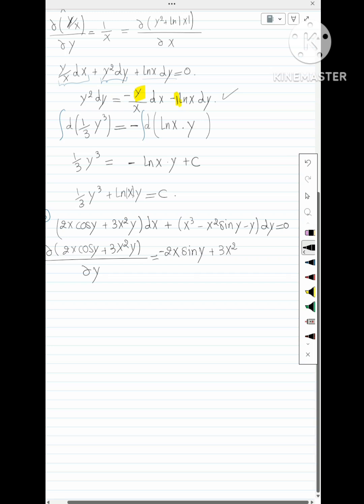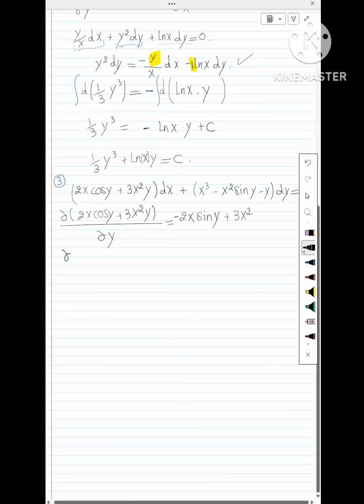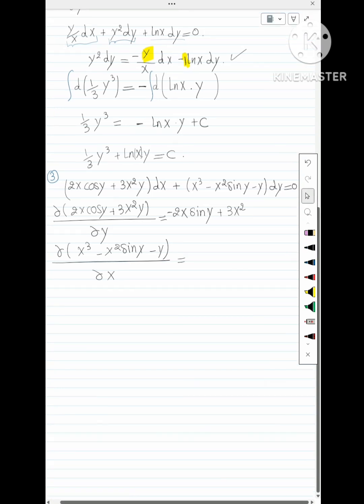3x squared. Now we are going to see if it's equal to the derivative of x cubed minus x squared sine y minus y with respect to x. So it's going to be 3x squared. The derivative of x cubed is going to be 3x squared. It's the same as this.